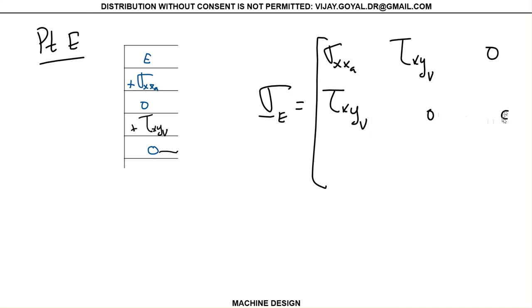So this is the state of stress at point E. And now if we evaluate all these states of stress, let's put them all together in one chart. So I take out all my states of stress and put them together in one chart.